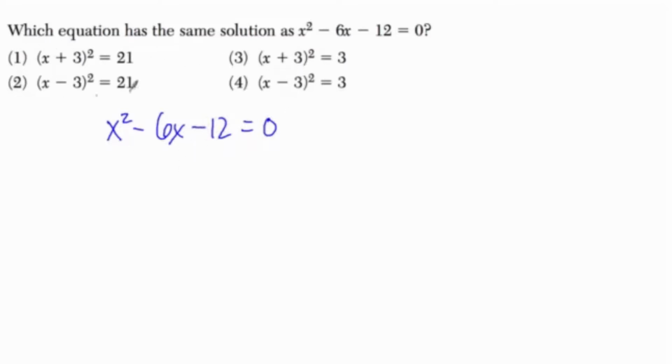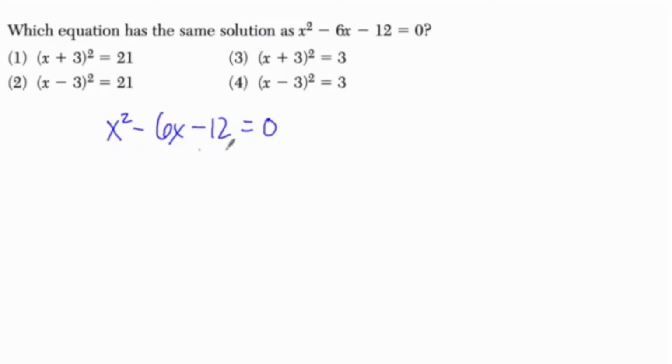But in this case, the answer choices give us a clue as to which approach might get us the answer the fastest. If you look at your 4 answer choices, they're all in the same form. They're in the form x plus or minus some constant, quantity squared, is equal to some constant. And that right there is a step in the completing the square process.